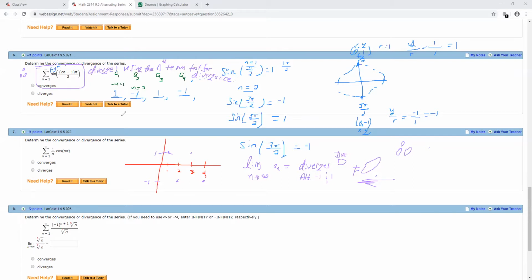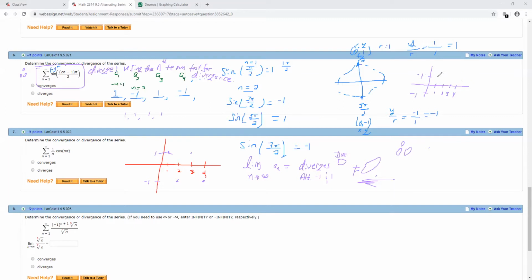I know you're probably exhausted, and one thing that a person could be thinking is, when we said ignore the positive and negativeness, well, if you did that, then these would all just be ones. And these are not getting closer and closer to zero either, are they? No. So remember, when we say ignore the positive or negativeness on the first step, that's just because if we're confused and we want to check whether these terms are getting closer and closer to zero, the best thing is just to look at the values, and it's 1, -1.